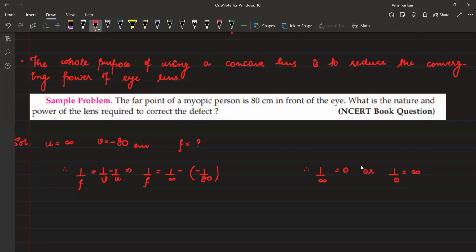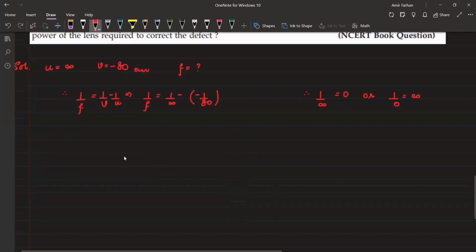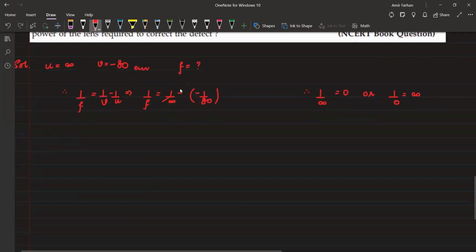Clear? So now this will be equal to 0. The only thing that is left is 1 by f equals negative 1 by 80. So f is coming out to be 80 centimeter. This is the eye lens.